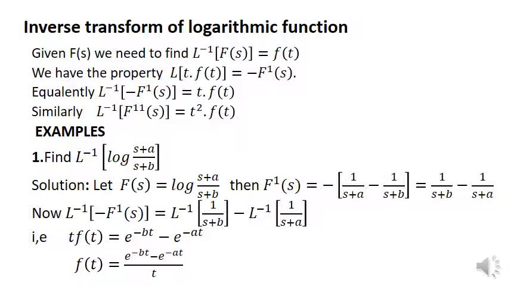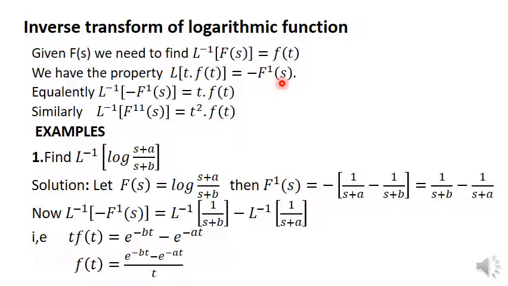Okay, we will work out some examples on inverse Laplace transform of some logarithmic functions. For a given f of s, we need to find L inverse of f of s, that is f of t, the function of t. We have the property that Laplace transform of t into f of t is equal to minus d by ds of f of s, that is minus f prime of s.